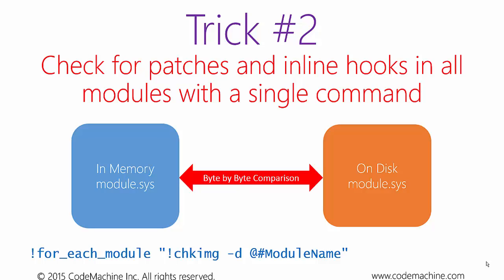Since we want to check all the modules in the system for corruption, intentional or accidental, we will use the iterator !foreach_module and run !chkimg on every single module that !foreach_module finds.